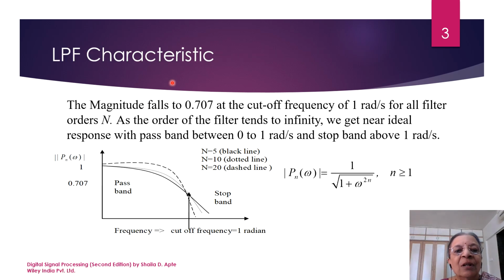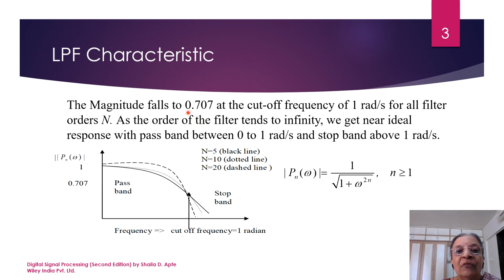Let us consider the low pass filter characteristics. We are plotting the low pass filter characteristic P(omega) with respect to omega. At omega equal to 0, the derivative is 0. That means the response is maximally flat almost up to the cutoff frequency, and then it monotonically decreases.